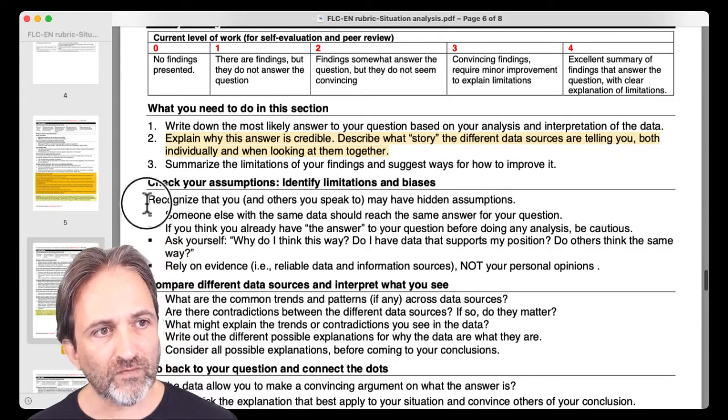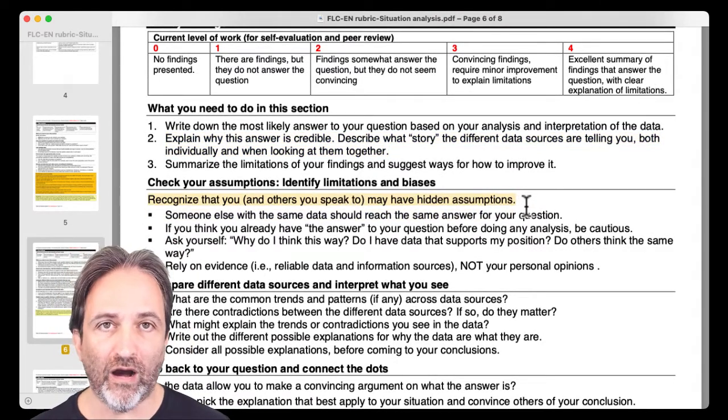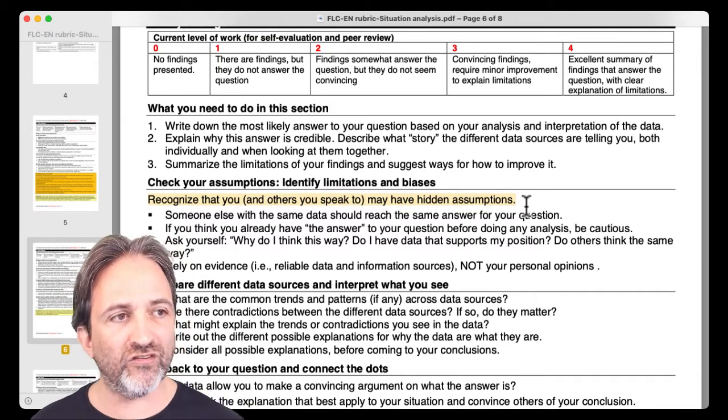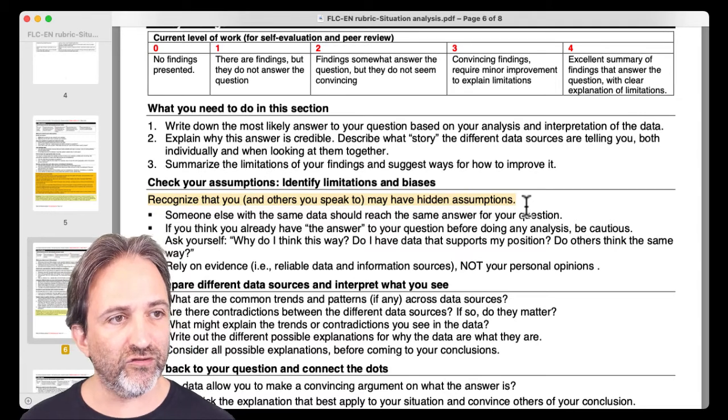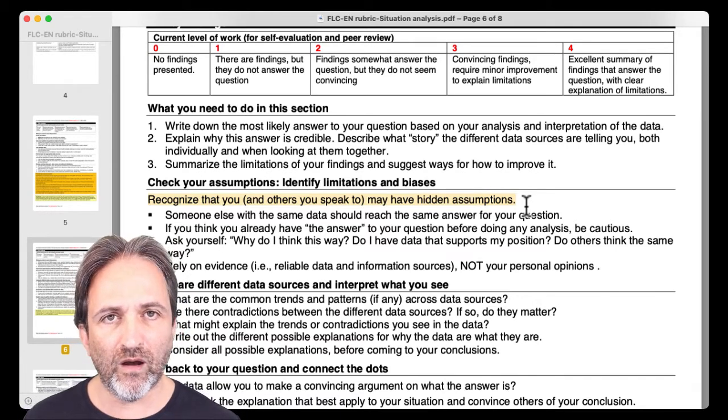So you recognize that you and others and the data sources all are going to have limitations, biases, be grounded in certain assumptions. So that is not wrong in and of itself.